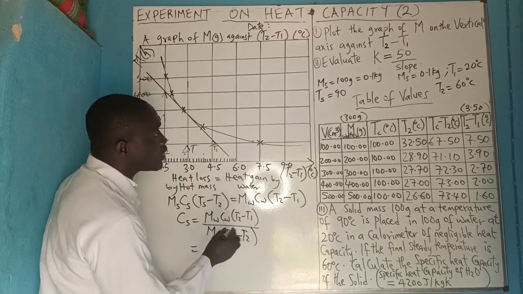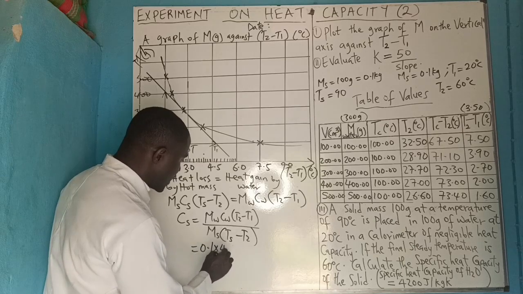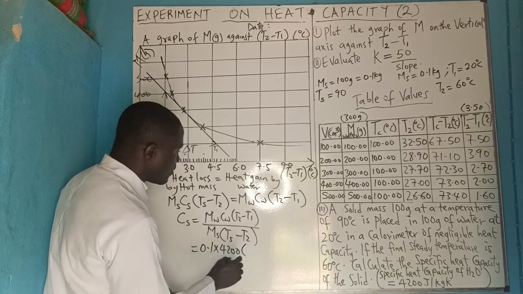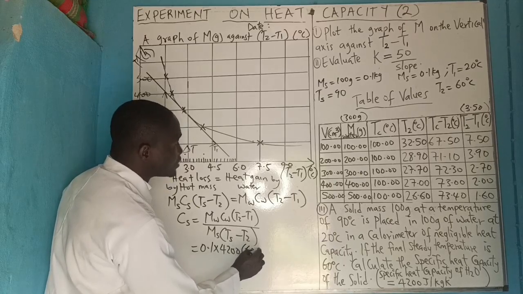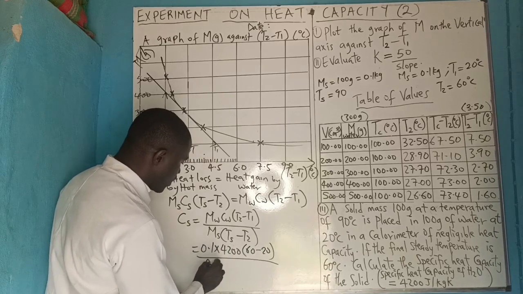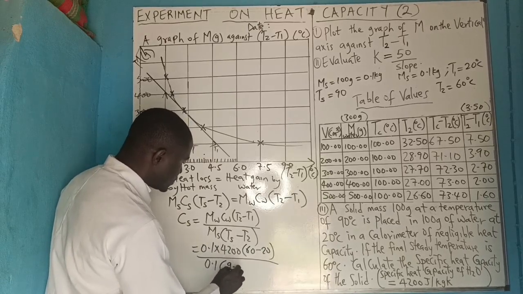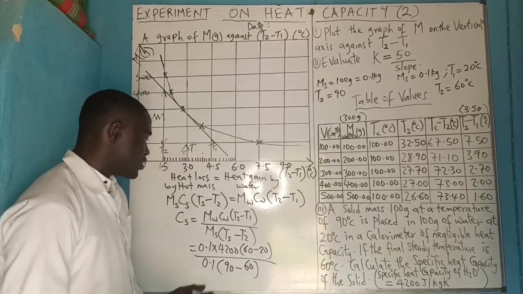What is mass of water? 0.1. C of water is 4200. Bracket T2 is 60 minus T1 is 20, all over mass of the solid is 0.1 bracket 90 minus 60, as the formula tells us.